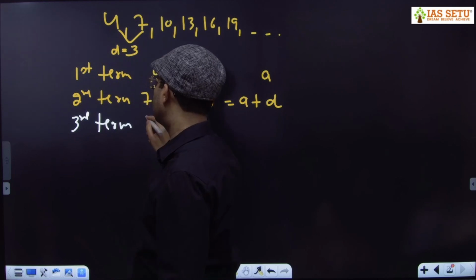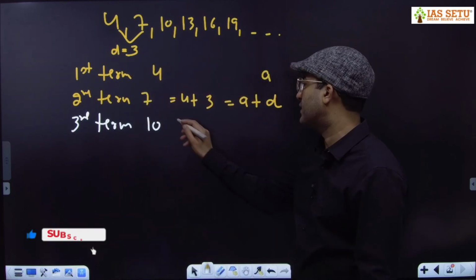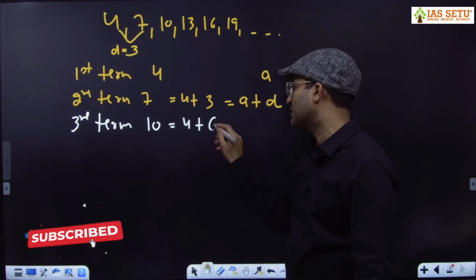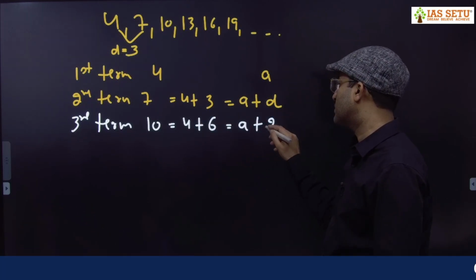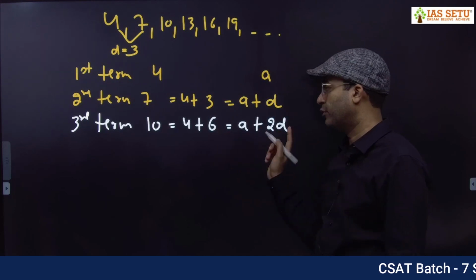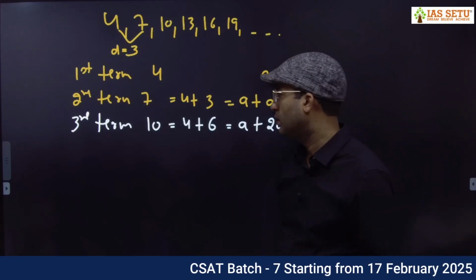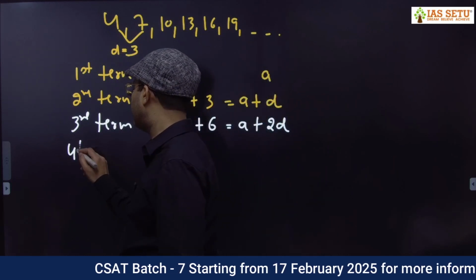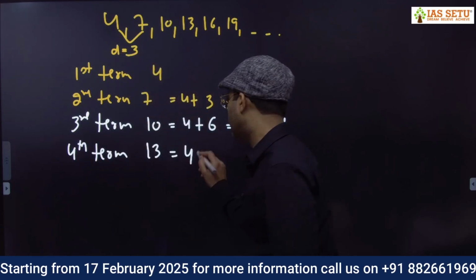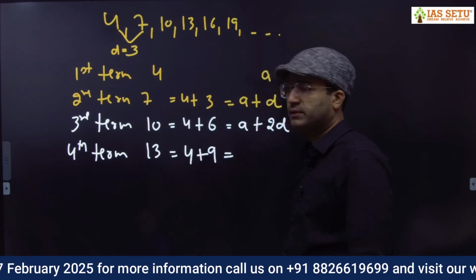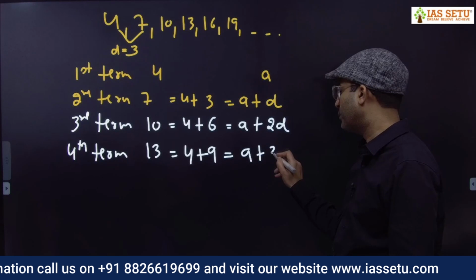Next is the third term. In this sequence, what is our third term? 10. We can break 10 as 4 plus 6, so it is A plus 2D, 2 multiples of 3. Next is the fourth term, that is 13, 4 plus 9, 3 multiples of 3, A plus 3D.